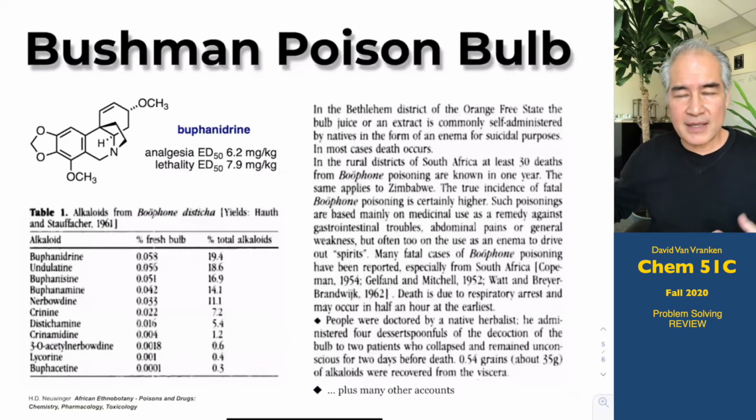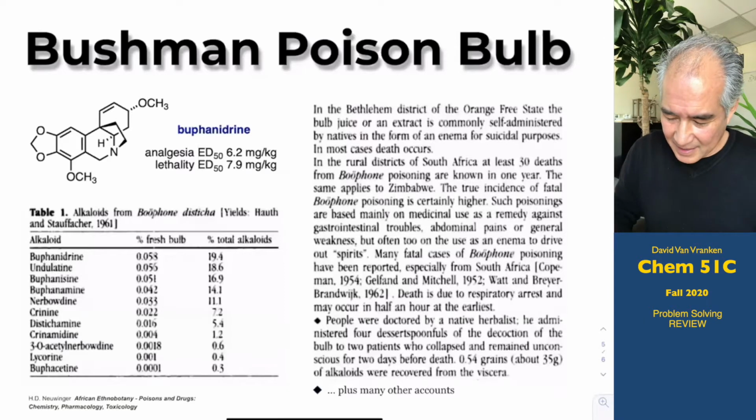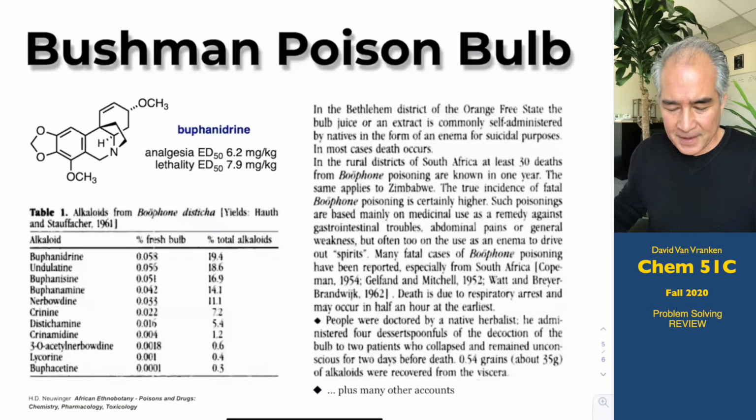It seems to me like there are some potentially medical uses for this Bushman poison bulb, but it's also very toxic. In this book description, they have a typical composition of the alkaloids that are present in that root bulb. Alkaloids are nitrogen-containing natural organic compounds.